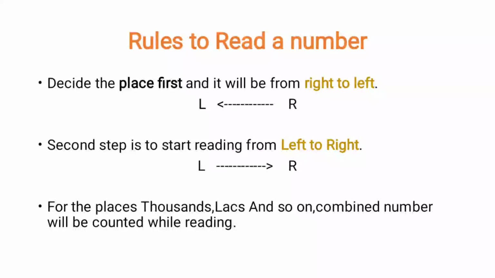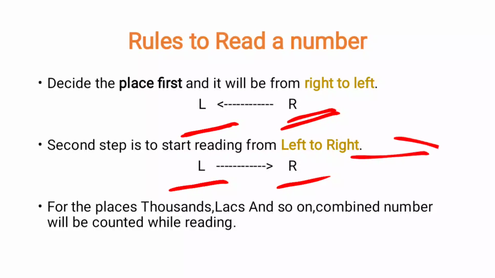The place will be decided from right side to left side. First, we will start from right and to left side. Okay. After that, we have to start reading the number. The reading will be start from left side to right side with the places given to every digit.